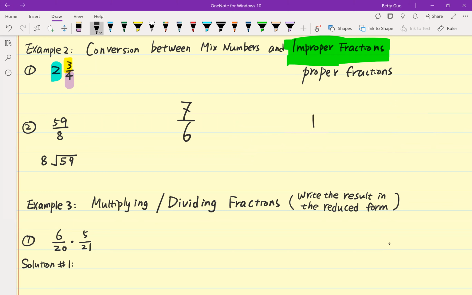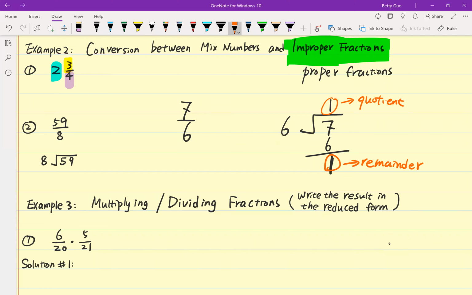Like in this case, if we divide 7 by 6, 6 could go into 7 at least one time, but with 1 as a remainder. If we divide 7 by 6, the quotient is 1, the remainder is 1, right? So this is the quotient. This is the remainder.